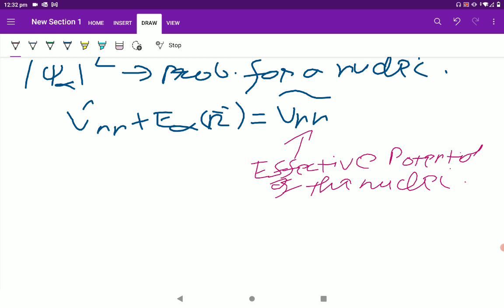The problem is that when you apply the total Hamiltonian operator to this expression, when you apply the nuclei kinetic energy, which contains the Laplace operator of r vector, to the total wave function, we have this expression.